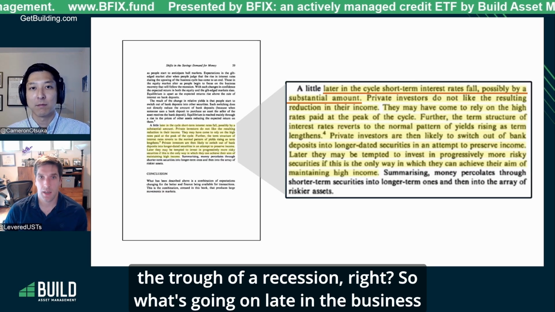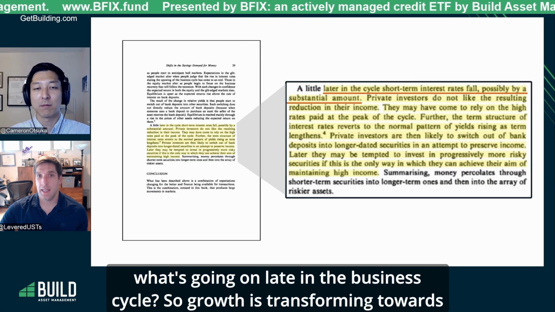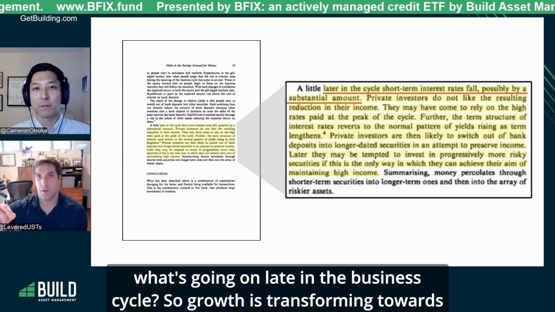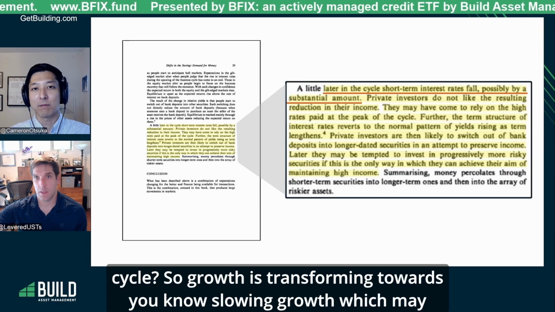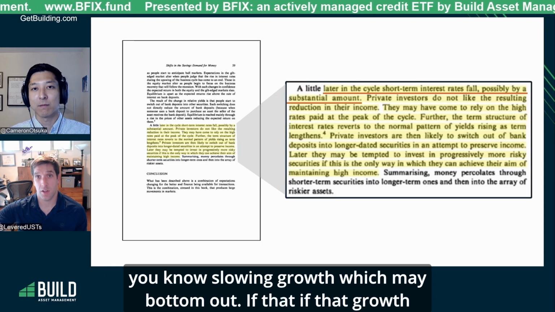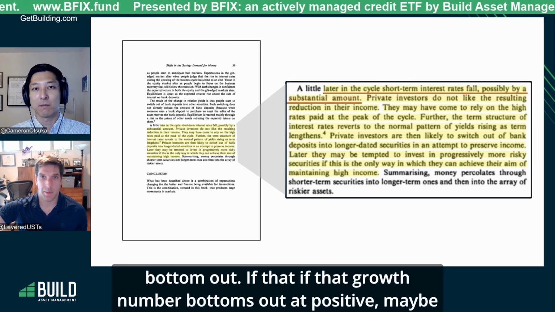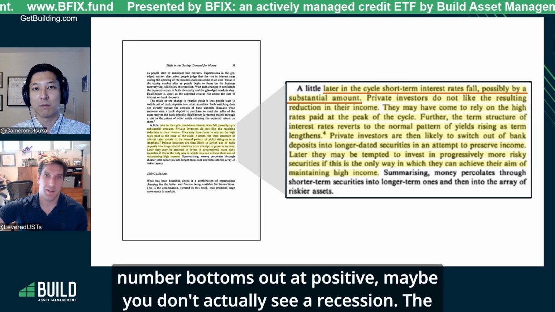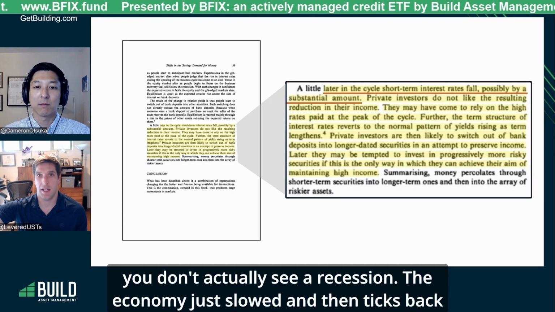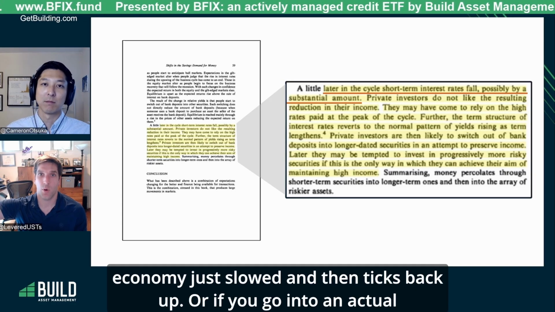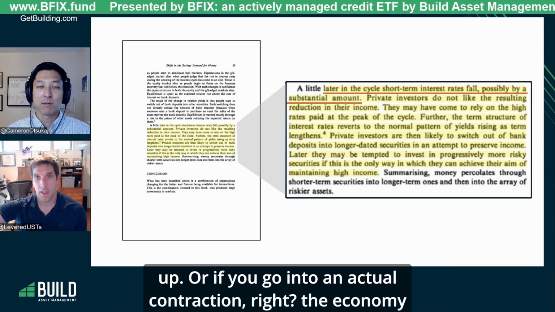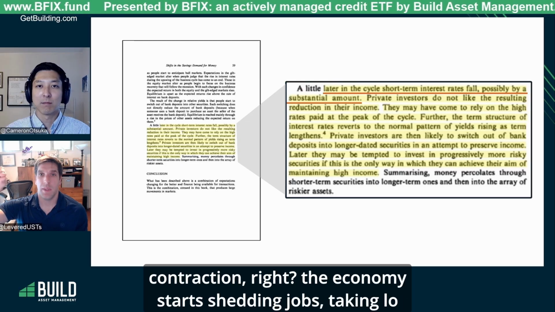So what's going on? Late in the business cycle, growth is transforming towards slowing growth, which may bottom out. If that growth number bottoms out at positive, maybe you don't actually see a recession. The economy just slowed and then ticks back up. Or if you go into an actual contraction, right?